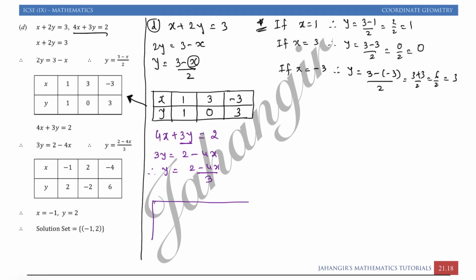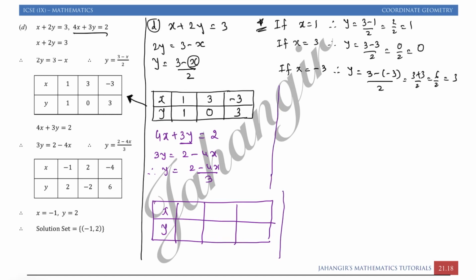Let's make a table, x, y. So first we will take x. You have to think now, if you put 0 you will get 2 by 3. Its answer will be a decimal, we cannot take that.